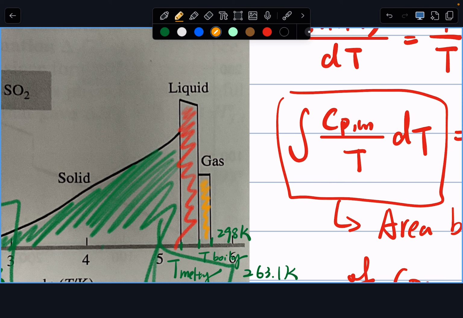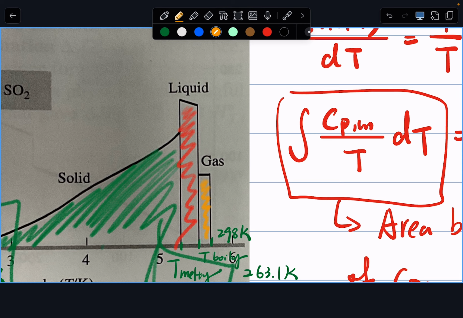And now we get to my real gas at 298 Kelvin and 1 atm, by the way. Everything on the figure is at 1 atm.